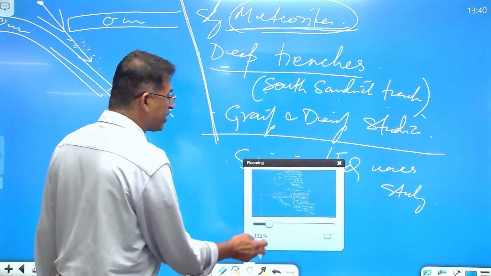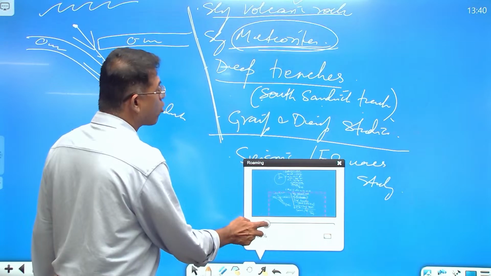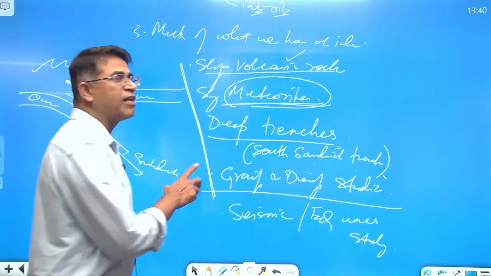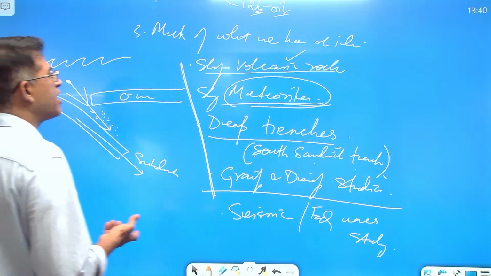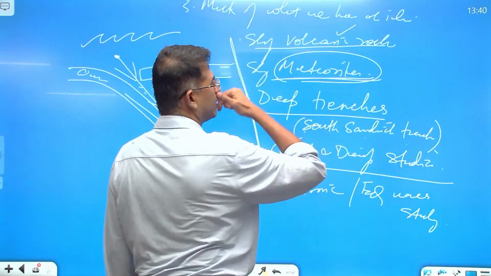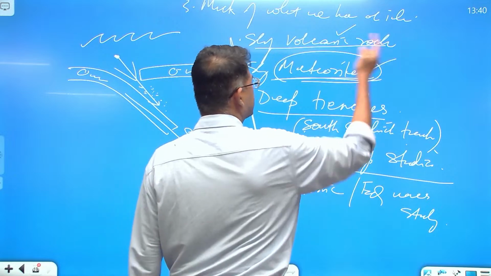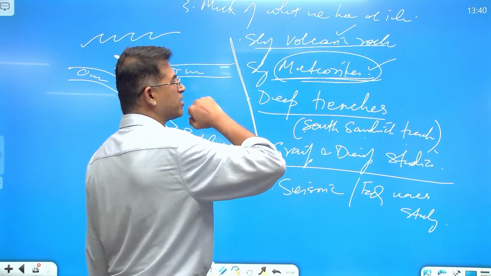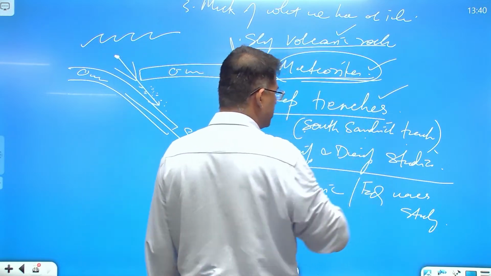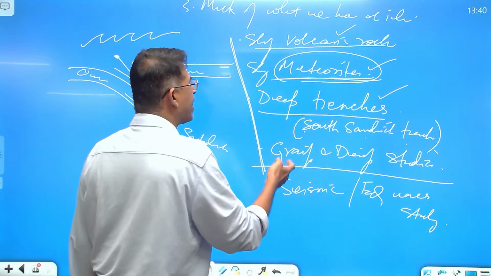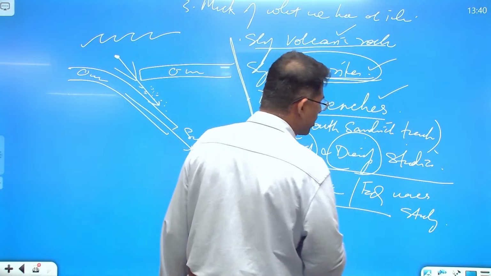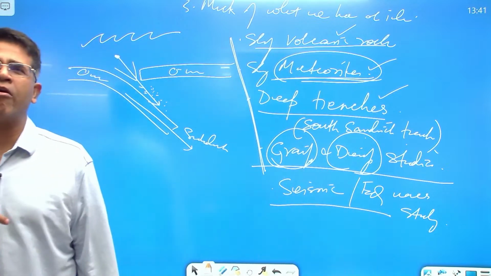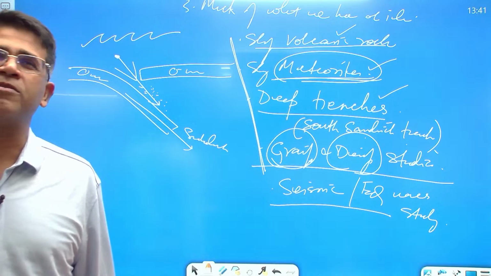So what we know about the interiors is by correlating some of the other observations. The other observations are a study of volcanic rocks, a study of meteorites, a study and observations at deep trenches, the studies called gravity and density studies, and the study called seismic or earthquake wave studies.